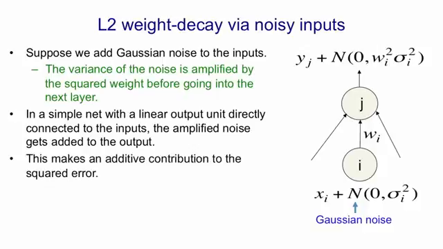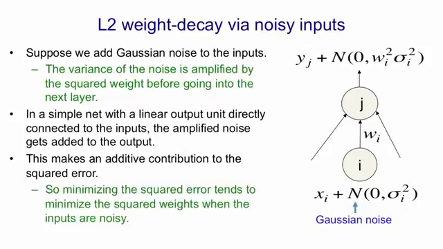This additional variance makes an additive contribution to the squared error. You can think of it like Pythagoras' theorem, that the squared error is going to be the sum of the squared error caused by yj and this additional noise, because the noise is independent of yj.